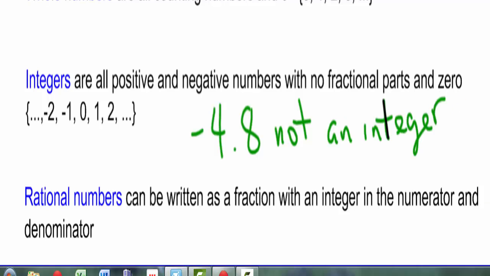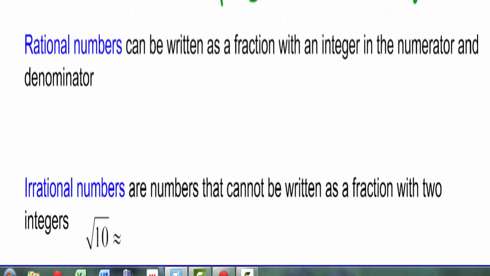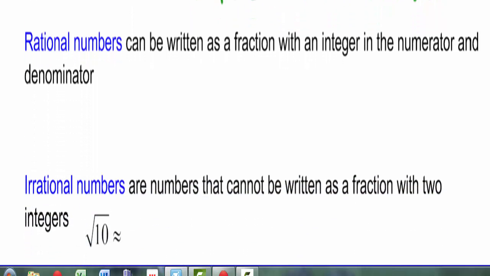Next, we have rational numbers. Rational numbers can be written as a fraction with an integer in the numerator and the denominator. So, for instance, a number like negative 3 over 8. Negative 3 is an integer, 8 is an integer, so negative 3/8 is what we call a rational number, right?